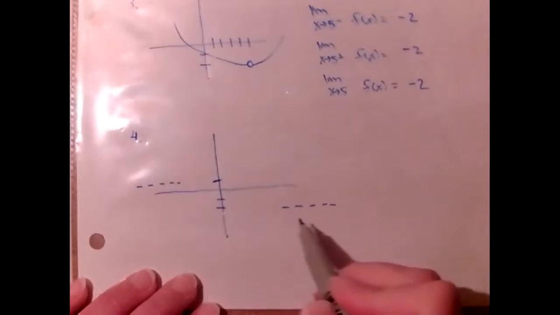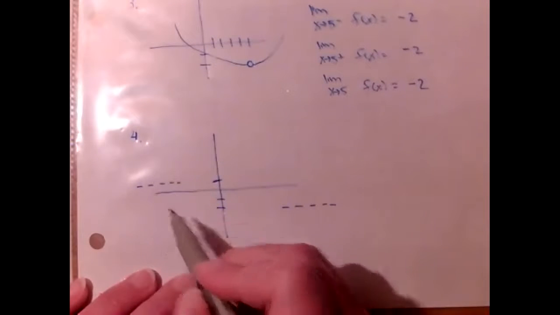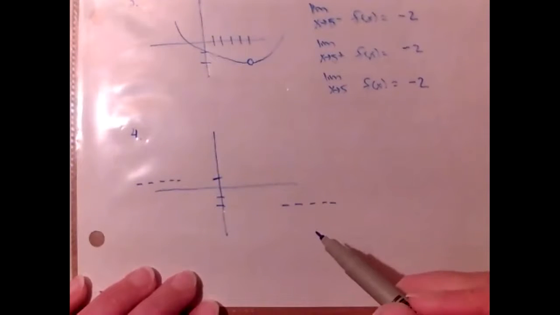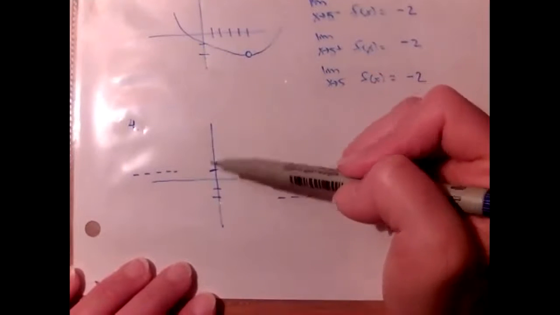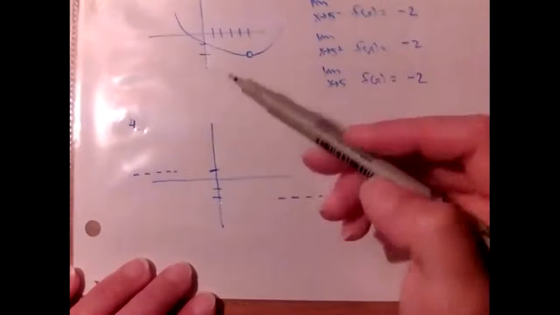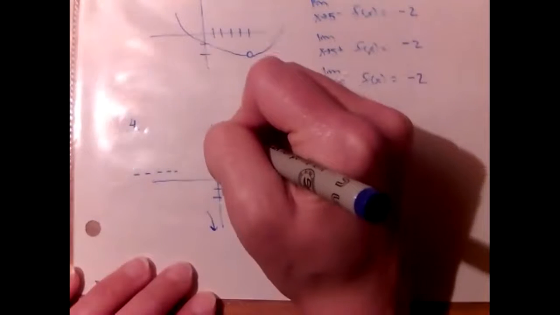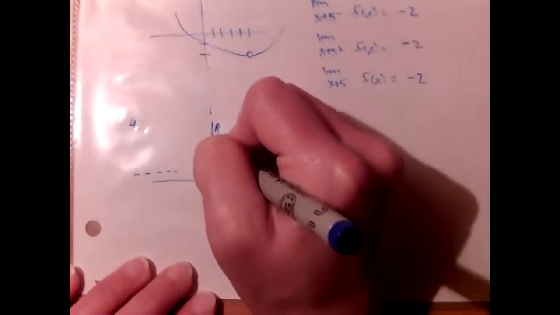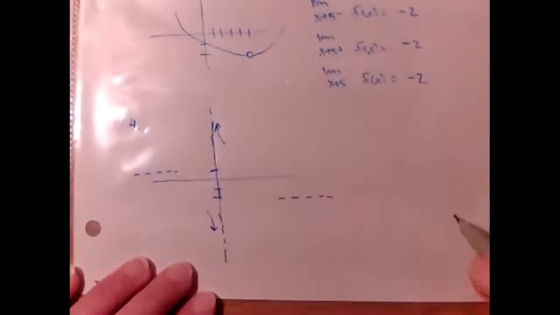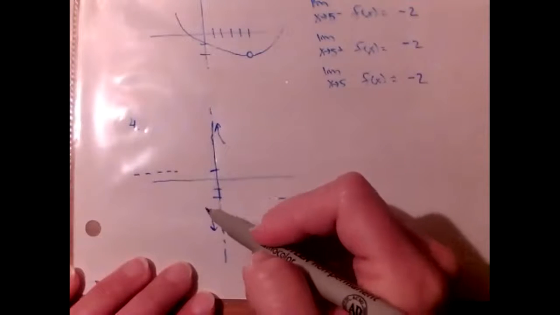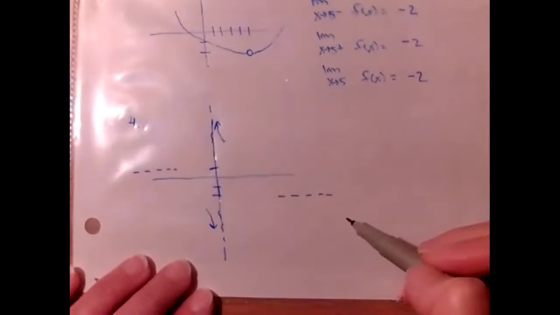I didn't draw in anything yet. I just dotted those asymptotes in so that I know where I'm going to have to level off. And then at 0, I told you the limit from the left was -infinity, and the limit from the right was positive infinity. So you have to have an asymptote there at 0 in order to go up on one side and down on the other.